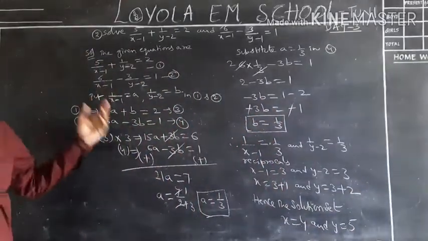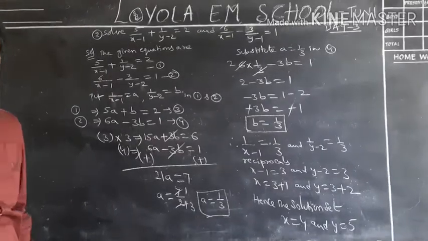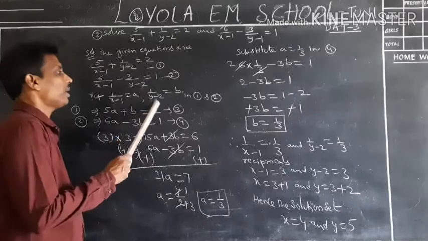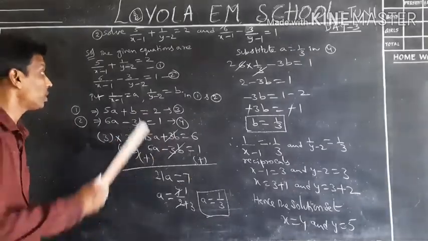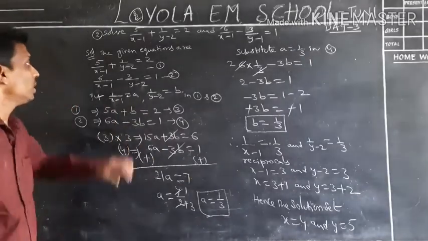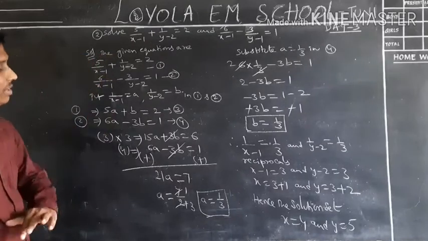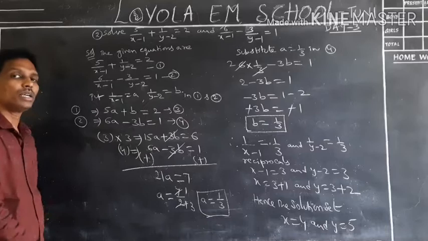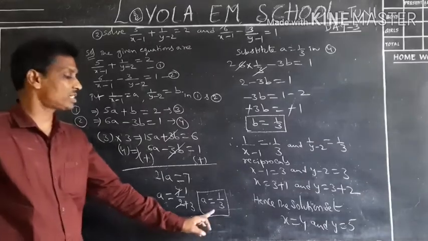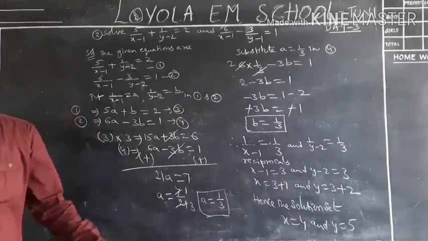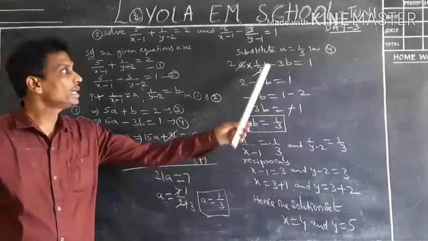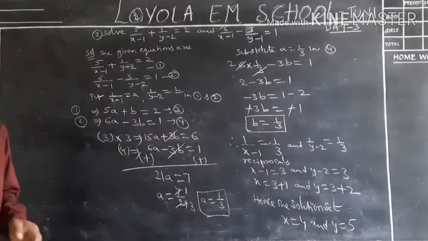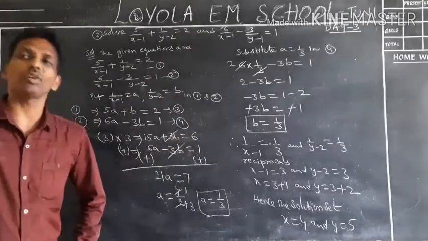So here this is also like the above problem. Here, as substitution, 1 by x minus 1 we took as a, and 1 by y minus 2 is equal to b. Now the given two equations we converted in terms of a and b. On solving the third equation and fourth equation, at first we get the a value. By substituting a equal to 1 by 3 in the fourth equation, we get the b value is also 1 by 3.